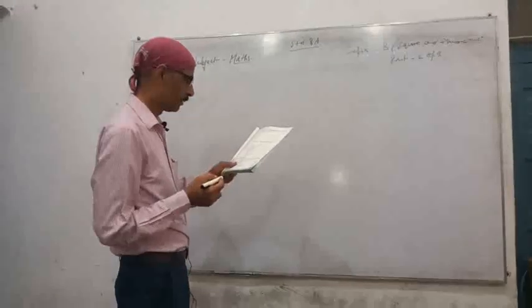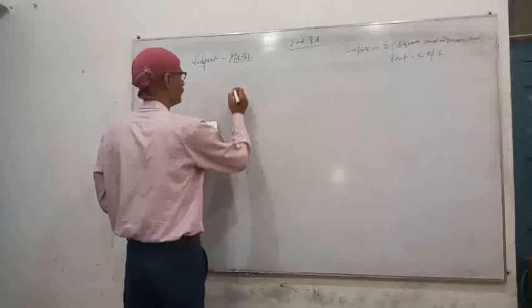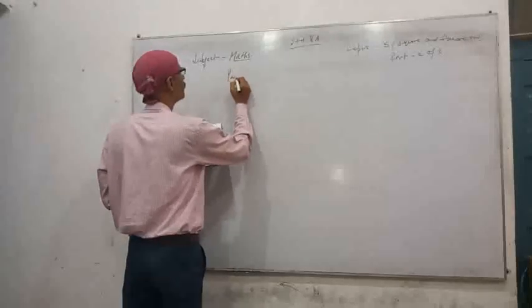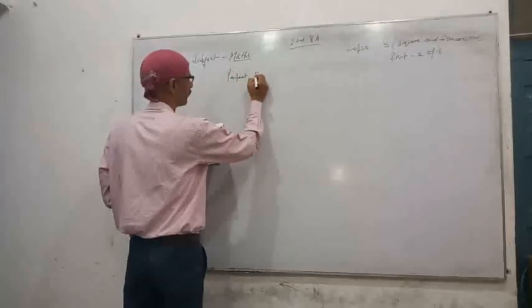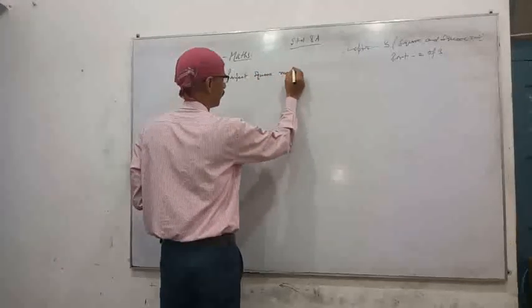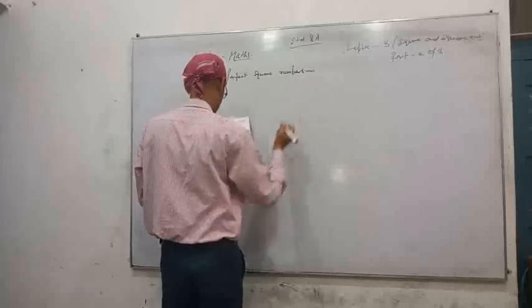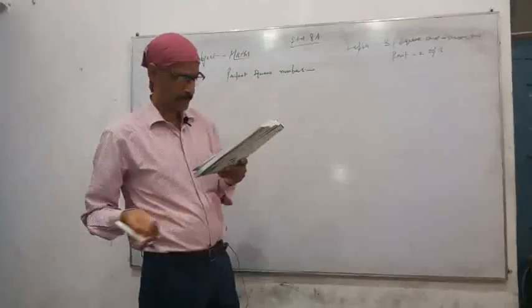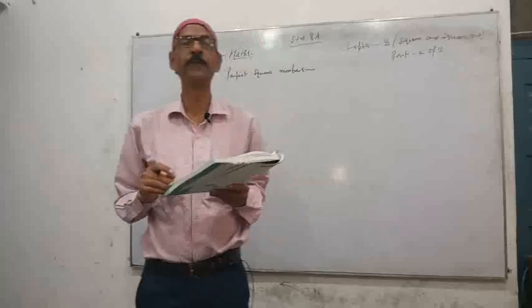Now next is perfect square number. Numbers which can be expressed as the square of numbers are known as perfect squares.